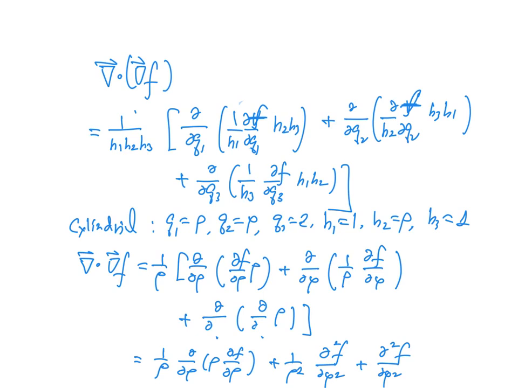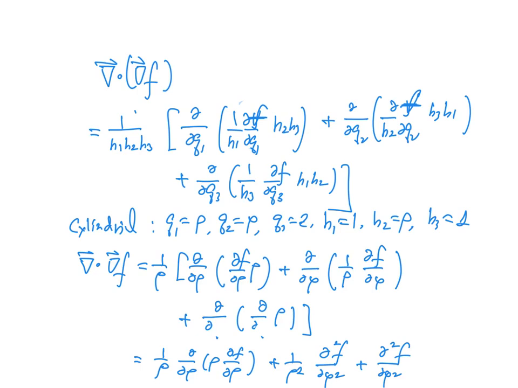So maybe a little bit more simplified. We can have 1 over rho, partial rho, partial rho, partial rho, partial F. Rho can be put out of the parenthesis. Partial phi square, partial square F, plus partial z square, partial square F. So that's the Laplacian for the cylindrical coordinate.